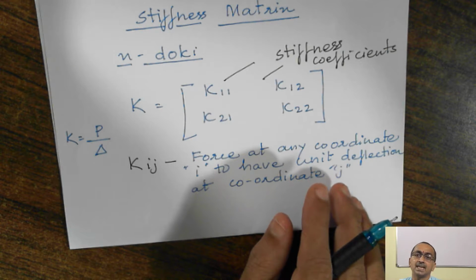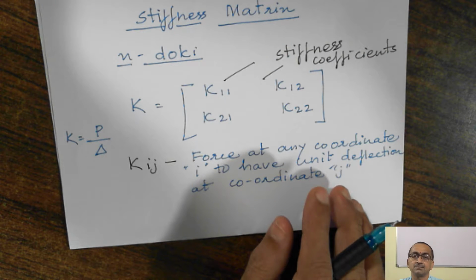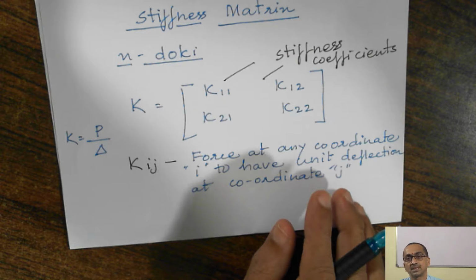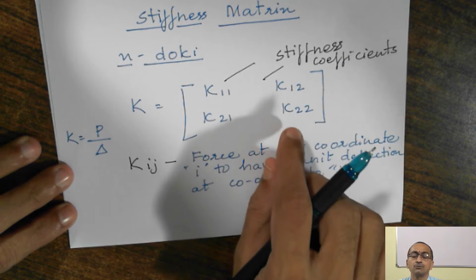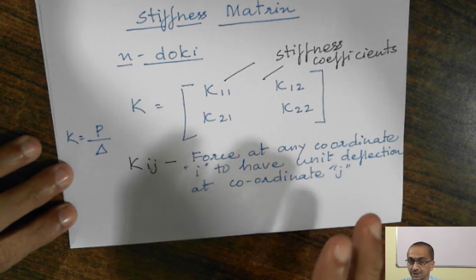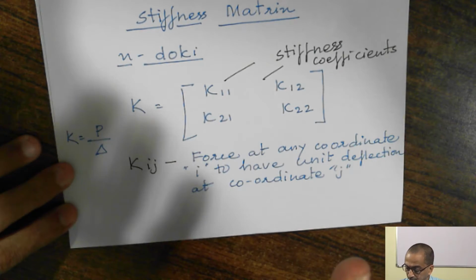Those 8 diagrams are extremely important: 4 diagrams for rotational stiffnesses and 4 for translational stiffnesses.